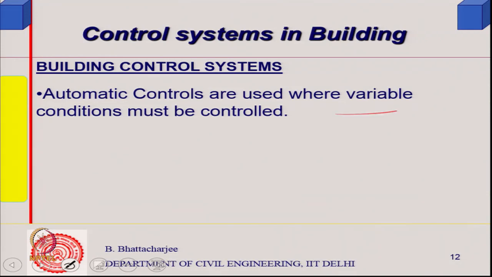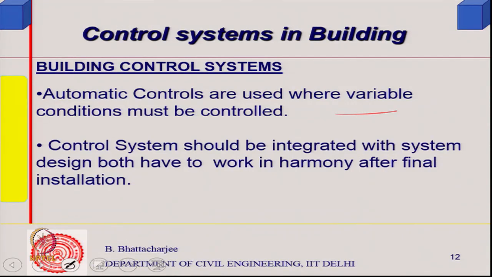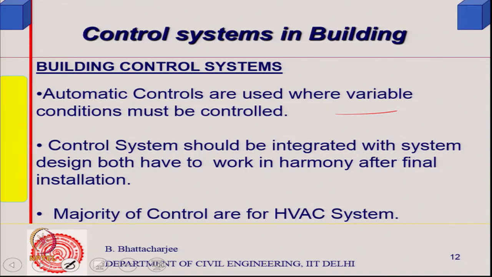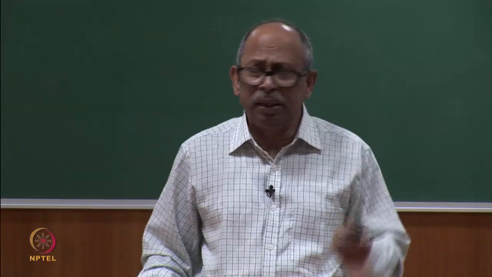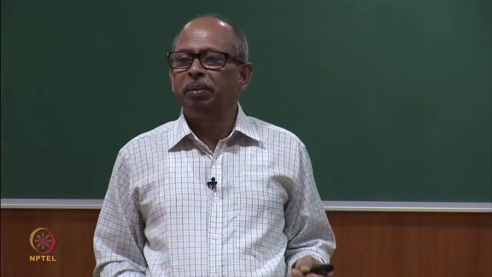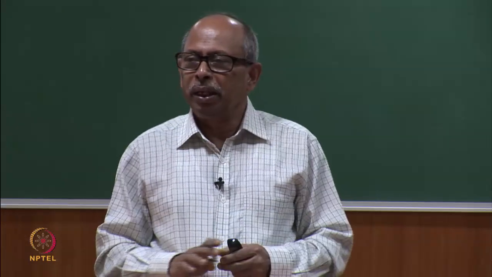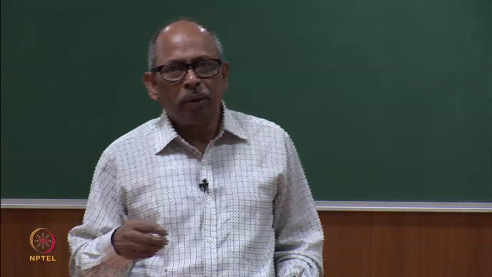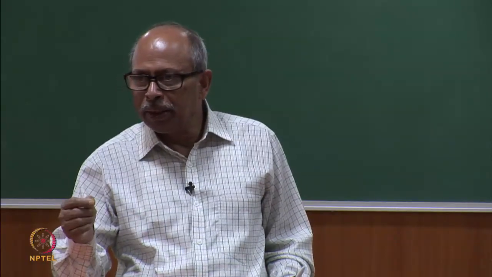Automatic controls are used where variable conditions must be controlled. The control system should be integrated with the system design, both have to work in harmony after final installation. The majority of controls are for the HVAC system, but then in many places nowadays it is a very easy thing: you enter and you find the lights become on. Similarly, in the HVAC system the temperature is monitored.